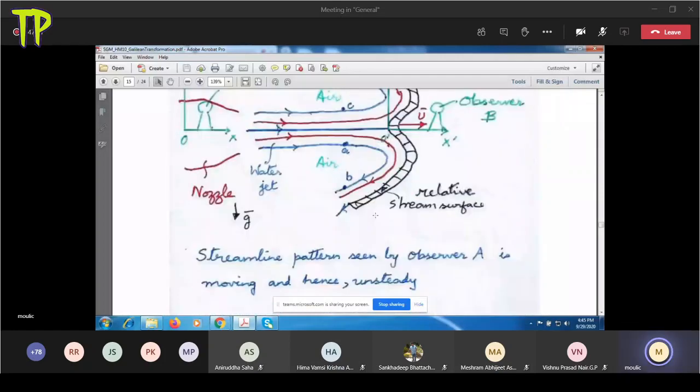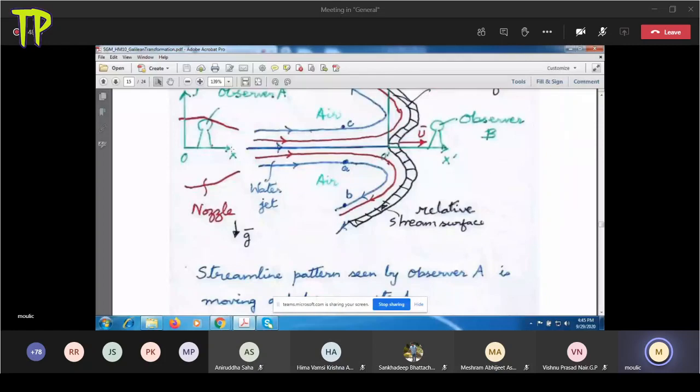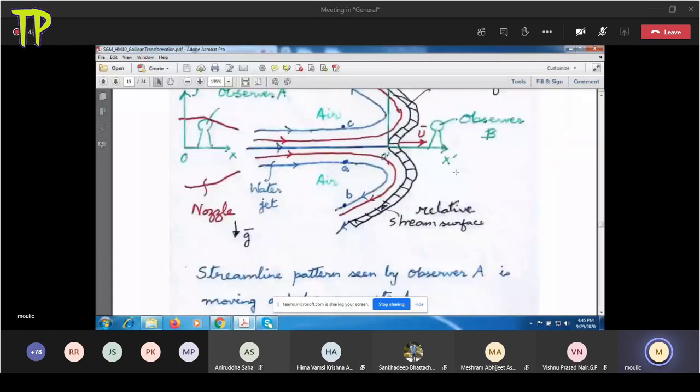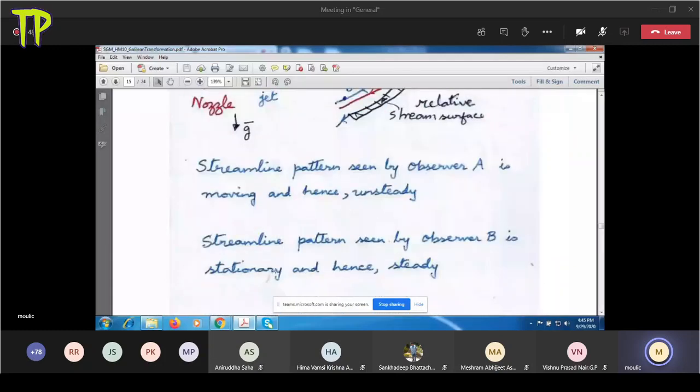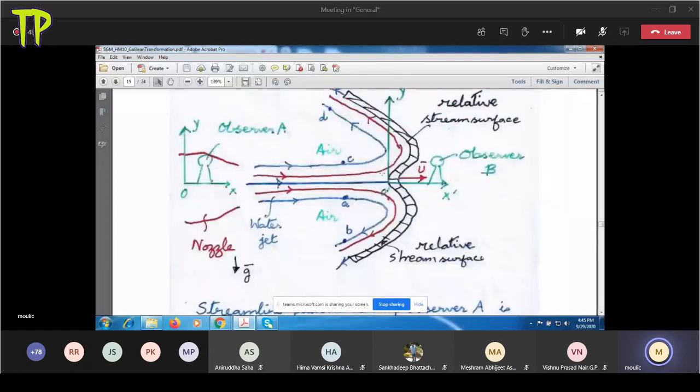Now, observer A will see the streamlines moving or translating. So if the streamline pattern is moving, then the flow as seen by observer A is unsteady. But observer B will always see a streamline pattern which is stationary. So the flow as seen by observer B will be steady.